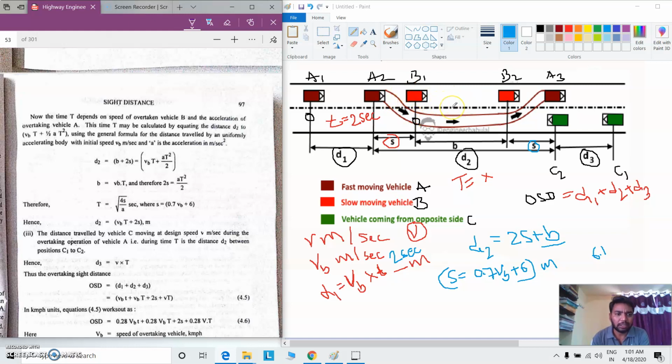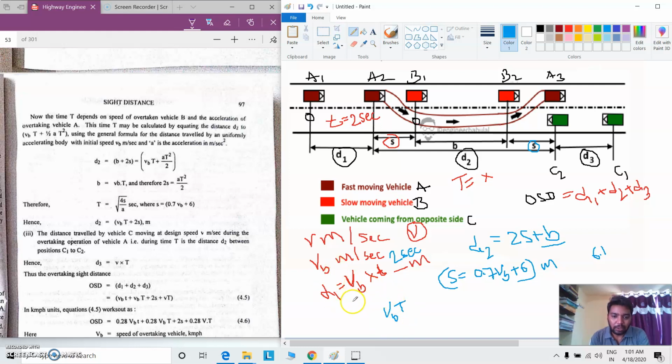This we have already discussed. This time t may be calculated by equating the distance d2 to vb, the speed of the vehicle, and the time t taken to travel from position b1 to position b2.